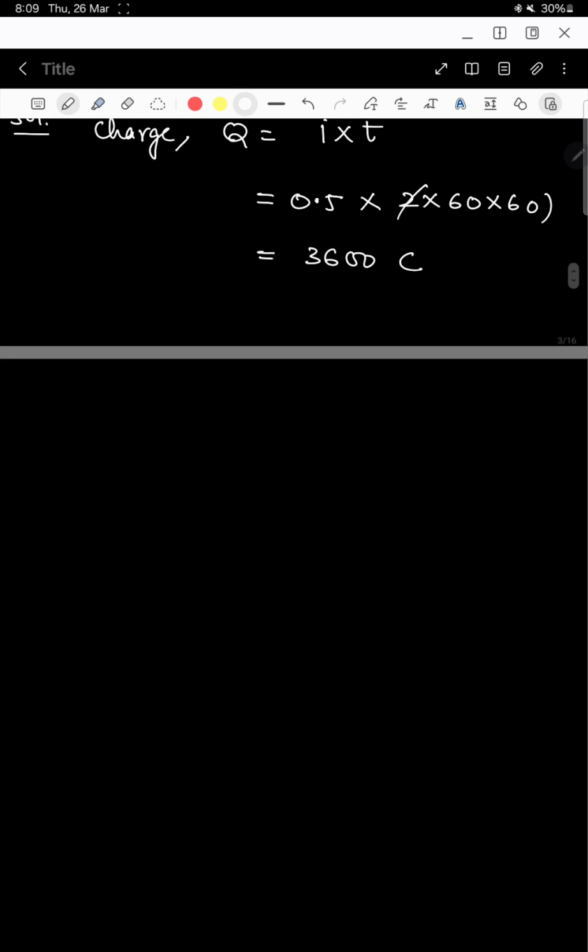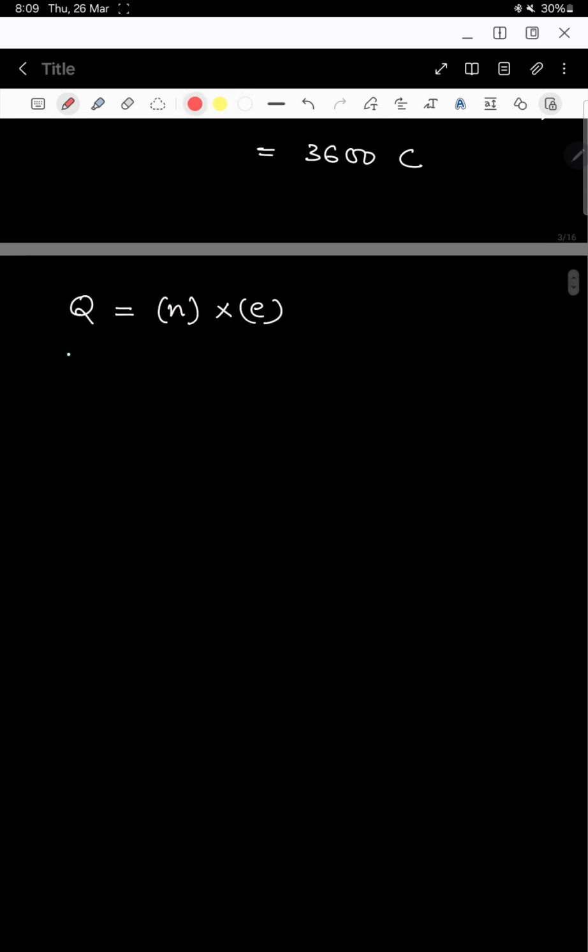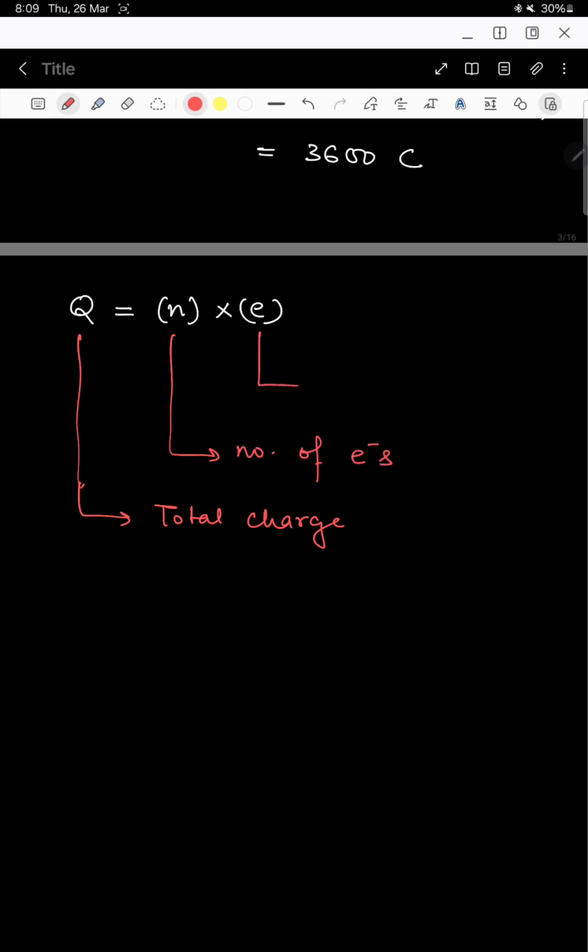Now you must have learnt in physics that total charge is the number of electrons into the charge on one electron. Q is equal to Ne. Q is the total charge, N is the number of electrons, and e is the charge of one electron.